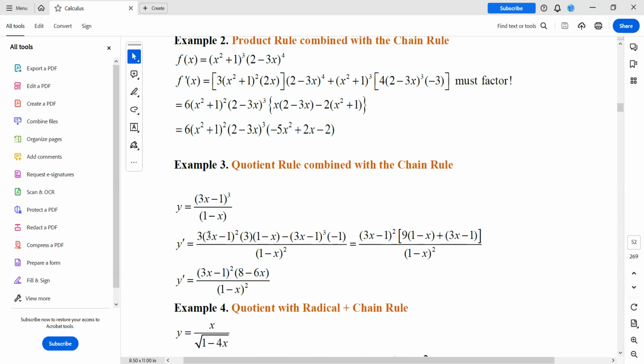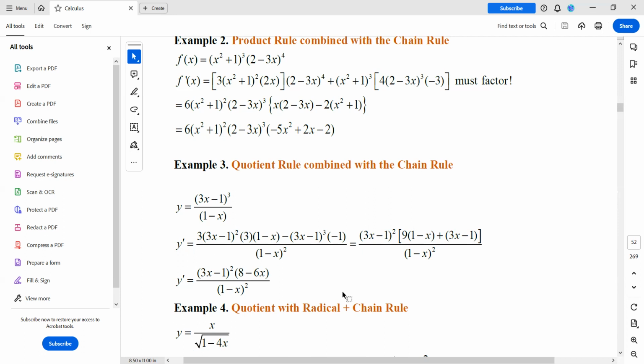So if you simplify this, you're going to have 3x minus 1 squared, open bracket 9 open bracket 1 minus x plus 3x minus 1 over 1 minus x squared. So you basically have your y complement, or differential of y, equal to 3x minus 1 squared, open bracket 8 minus 6x over 1 minus x all squared.